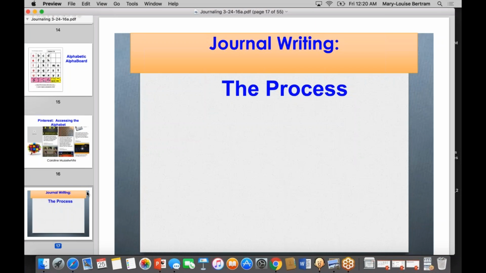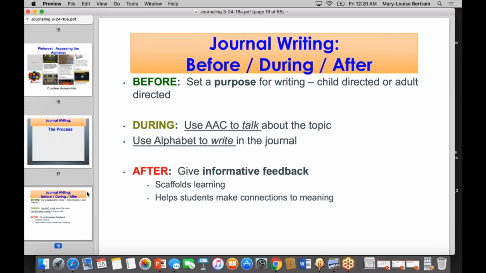All right, so now you've got the idea that you need a robust AAC system, and you need access to the whole alphabet. So let's talk about the process of journal writing. When we're doing journal writing, we've got the before, the during, and the after. Before we actually do any writing, we're going to set a purpose for the writing.